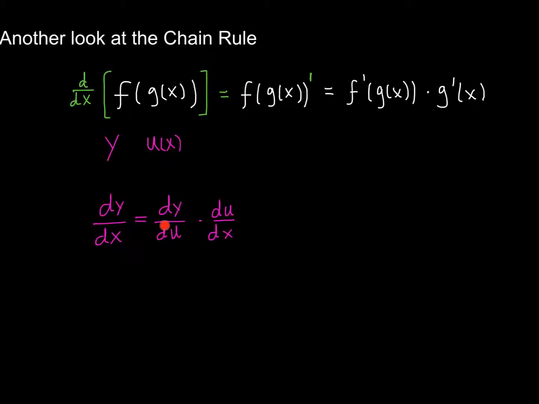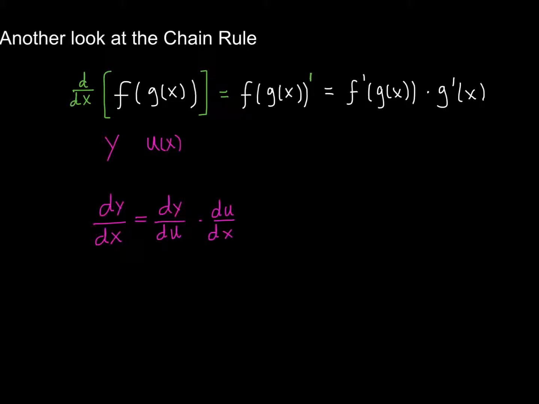I have dy/du times du/dx. So this is the infinitesimally small change in y over the infinitesimally small change in u, and this is the infinitesimally small change in u over the infinitesimally small change in x. So you can notice here that the du's seem to sort of cancel each other out, right? du over du is just 1. And that leaves us with dy/dx. And this works perfectly fine.